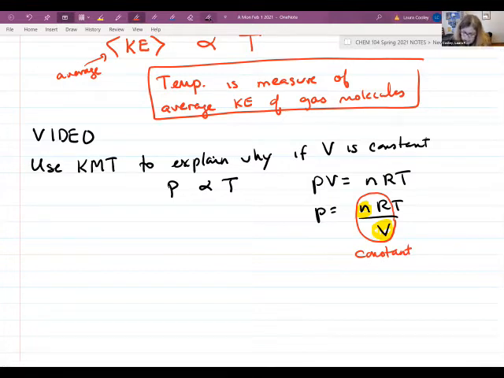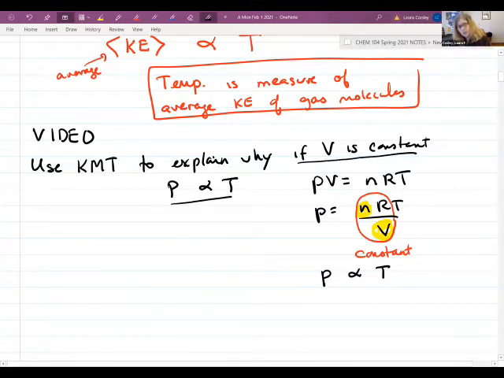So that means the pressure would be proportional to the temperature. We get this directly from the ideal gas law. It's not one of the laws we studied like Boyle's law or Charles' law, but if the volume is constant, the pressure should be proportional to the temperature.